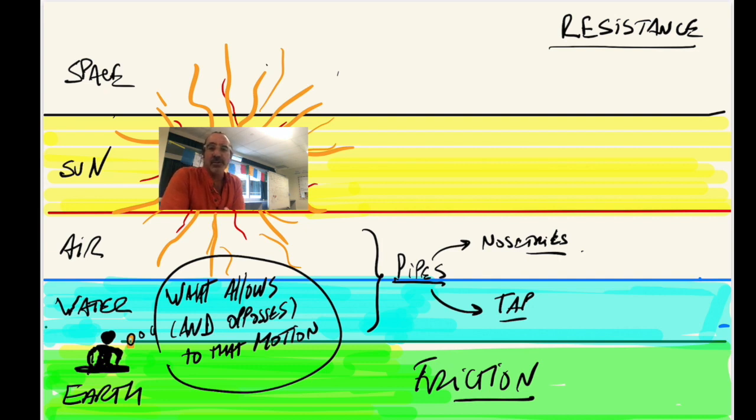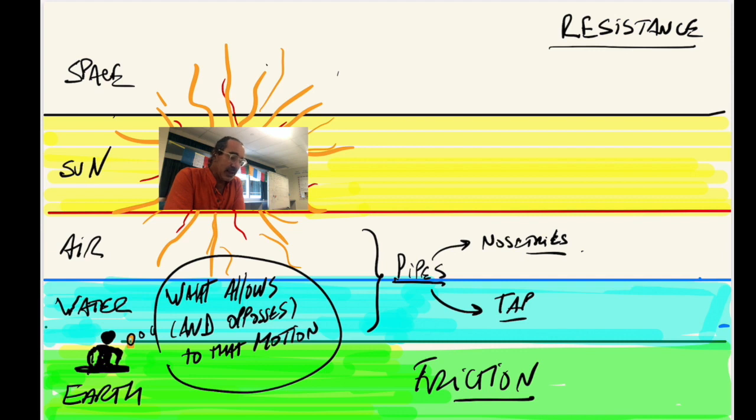If we think about our system, the water pipes in our body are the veins, the arteries, and the air pipes are the nostrils, the trachea, the alveoli, all these tiny, tiny pipes that allow the air to go into the lungs and diffuse. So pipes are essential, pipes for the neck also.